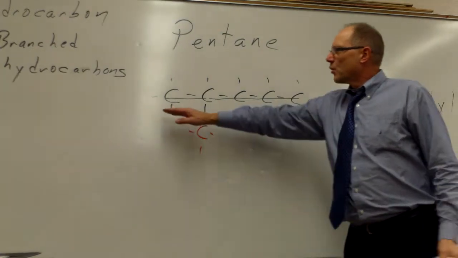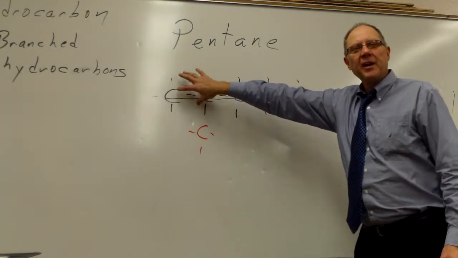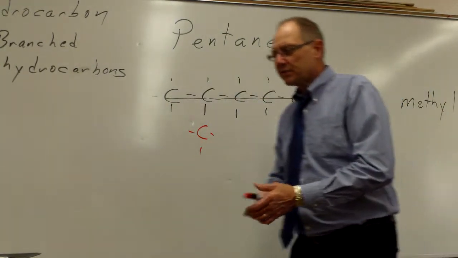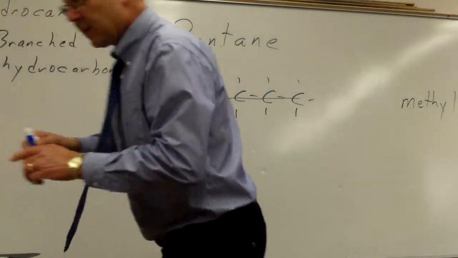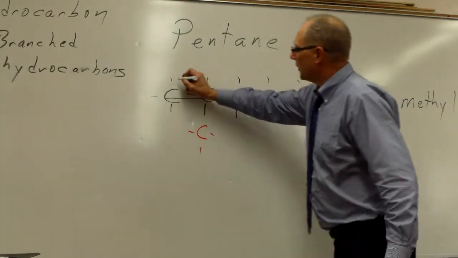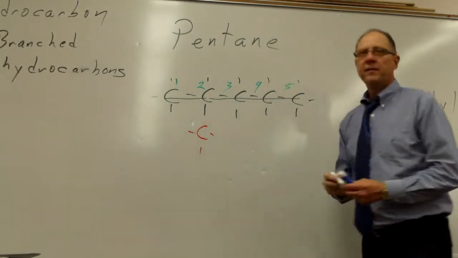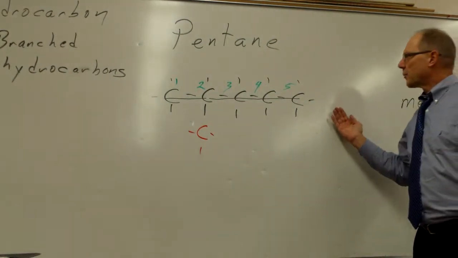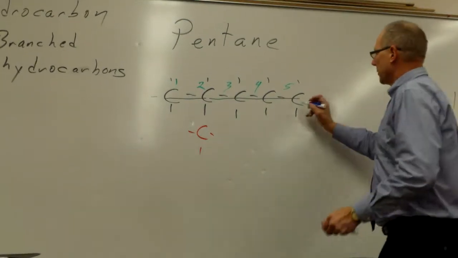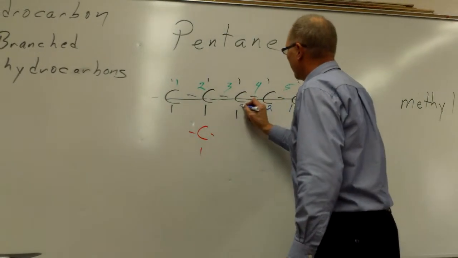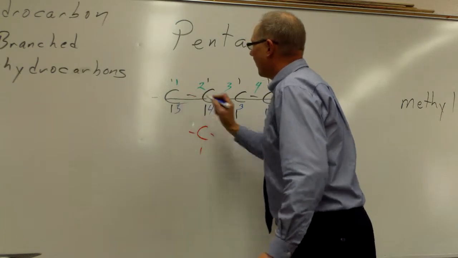Well, that means this. We can number our main chain from left to right. Let's do that. So if we number from left to right, this becomes carbon number 1, 2, 3, 4, 5. Or we can number right to left, in which case it's 1, 2, 3, 4, 5.